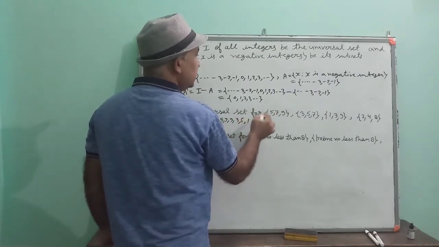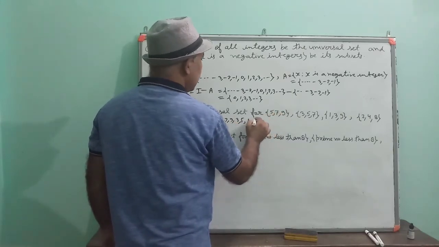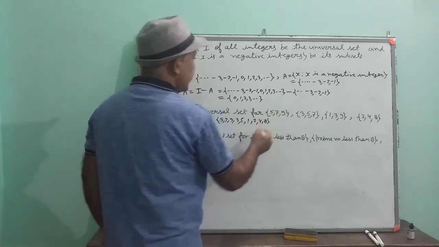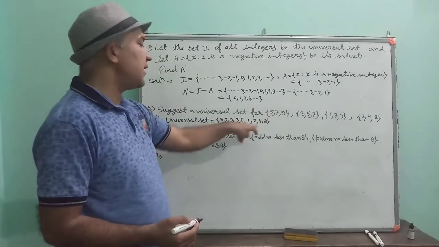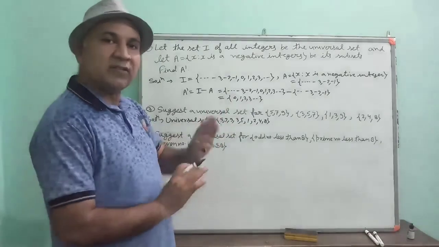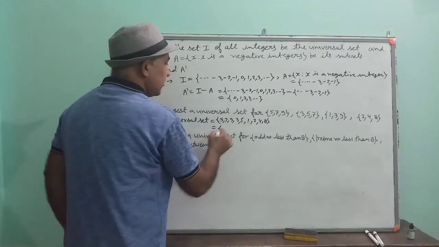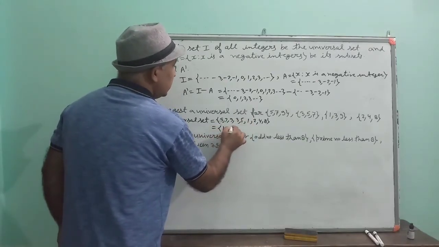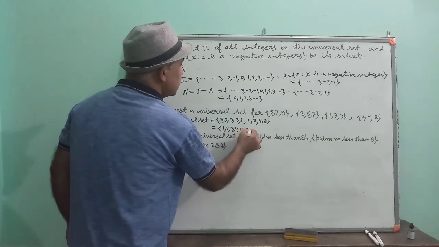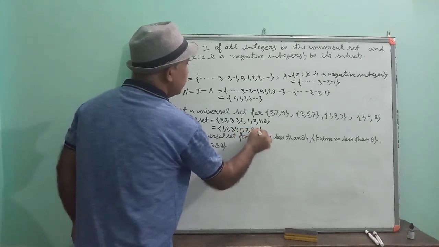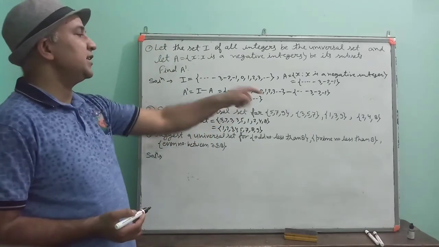Then 1, 3, 9. So 3 and 9 also we have written. 2, 4, 8. If we write all these elements in a set, we will not repeat any number or digit. Now arrange these in serial order. It will be 1, 2, 3, 4, 5, then 7, 8 and 9. Understood? This is the universal set of the given sets.